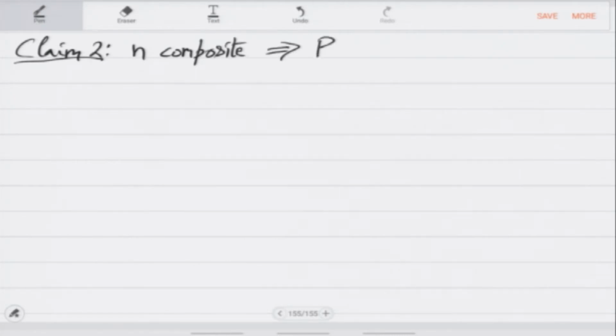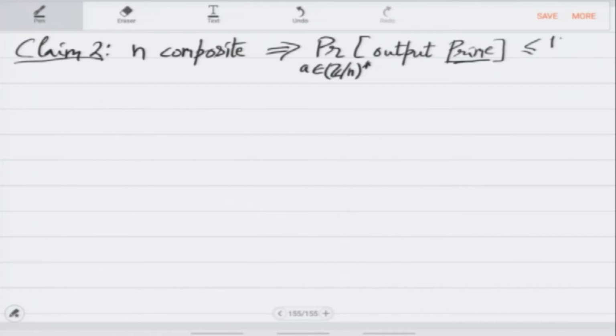And the second claim is the important one, that if n is composite, then the probability over the choice of a that you get an output prime, the wrong answer, is bounded by half.